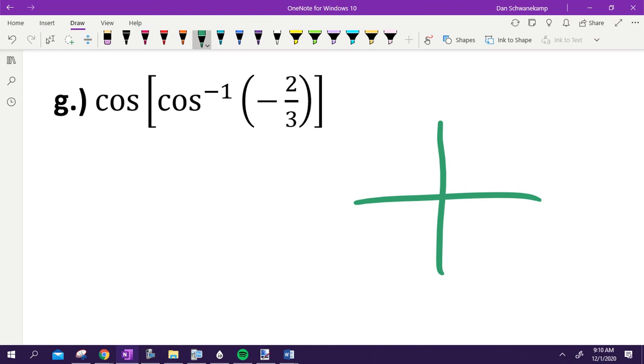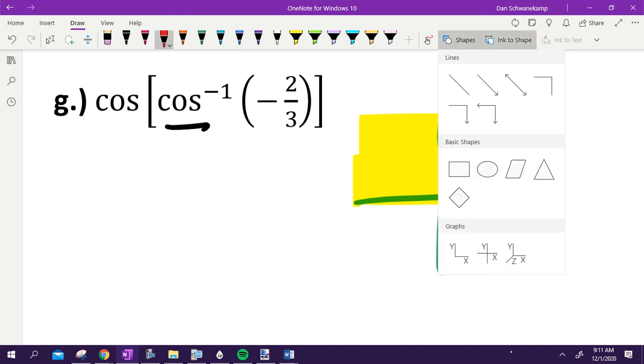Cosine of inverse cosine of negative 2/3. It's a little bit harder in that you have to visualize where this would be. Inverse cosine of negative 2/3. If I'm doing inverse cosine, which 2 quadrants am I living in? 1 and 2. I want the x value to be negative 2/3. So think about this. You've got a circle.